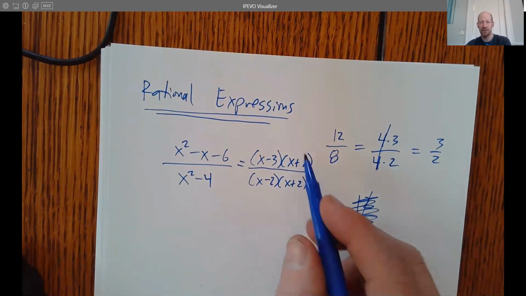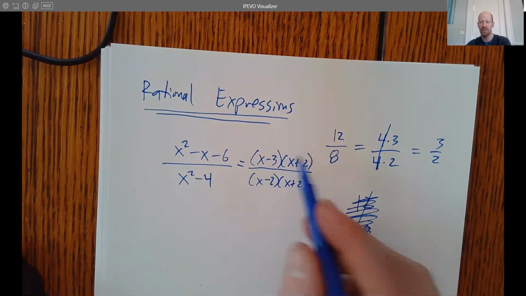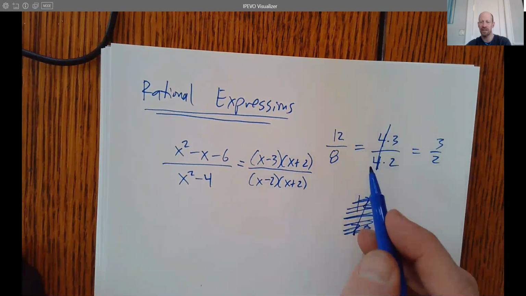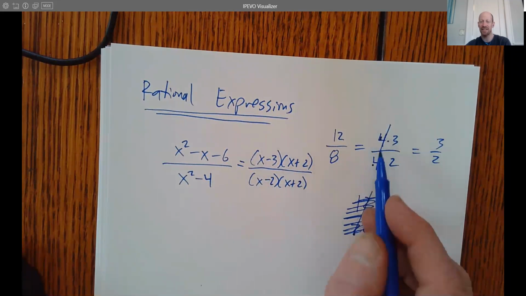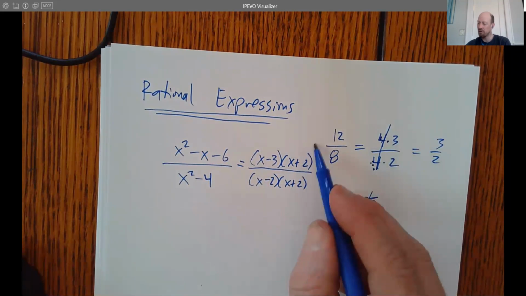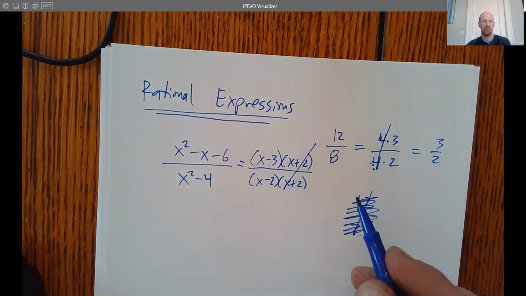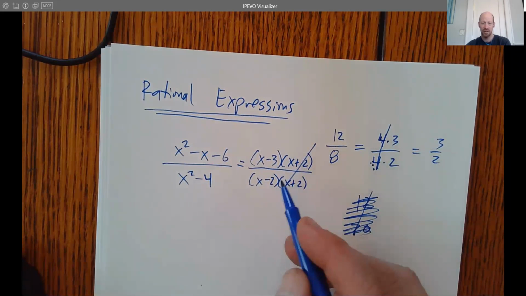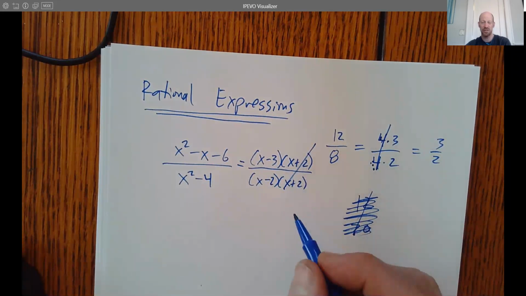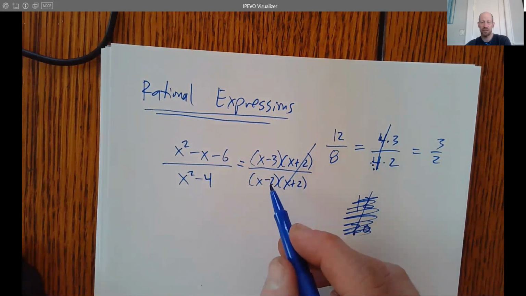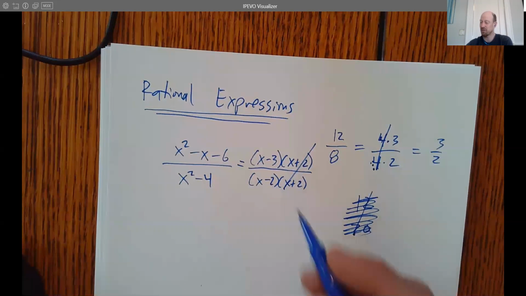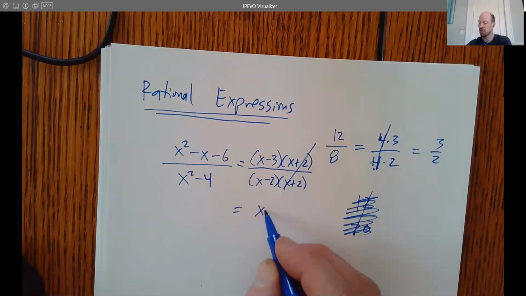Now that it's factored, I really want to see this the same way that I see this. I got to cancel the 4's because they were exactly the same, one on the top and one on the bottom. So the same thing here. I get to cancel those x plus 2's because it's factored, and I have the same expression on the top and the bottom. The x minus 3 and the x minus 2, those are different things. So I cannot cancel those.